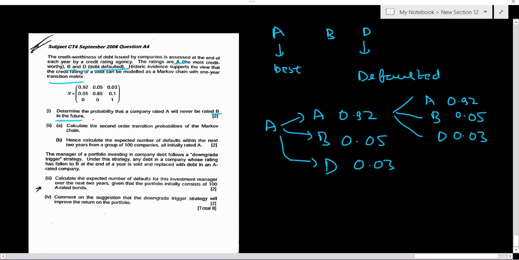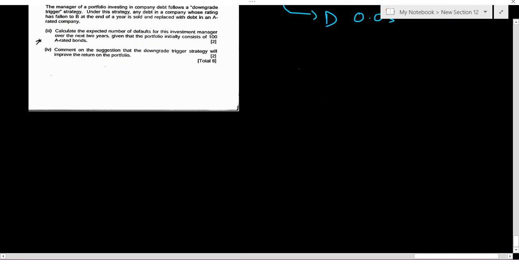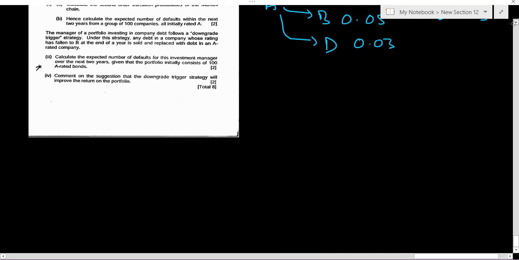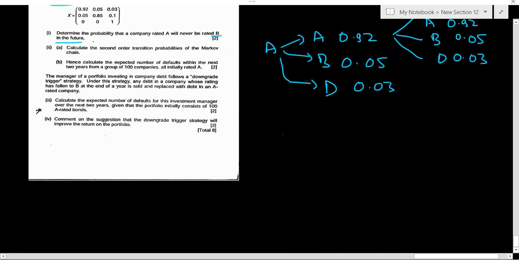So if I want this probability, the probability of never being rated B if it's rated A right now, then in the first year it does not have to go to B. So it can either stay in A or it can go to D. Either it goes to D, that is 0.03, or it stays in A, which is 0.92.